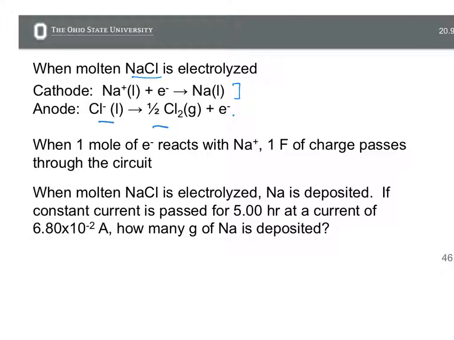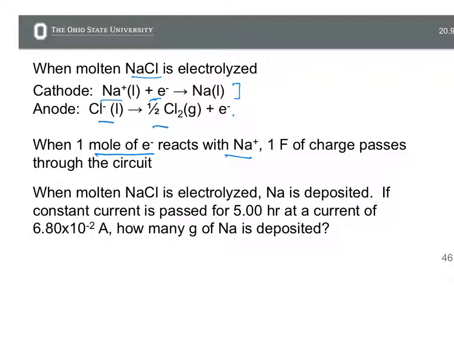So you can see that 1 mole of electrons is transferred or reacting with 1 mole of sodium ion. So the stoichiometry here is going to be important. Okay, same with other types of problems, but this is going to come into play for sure.